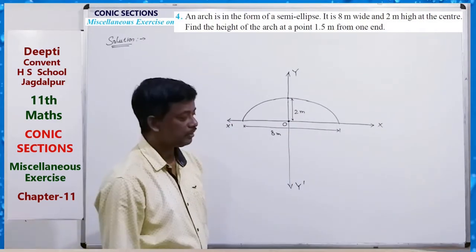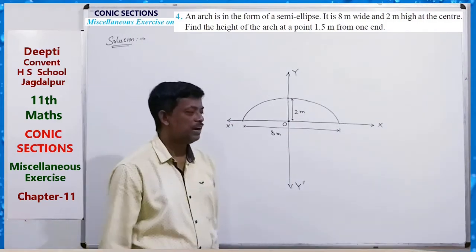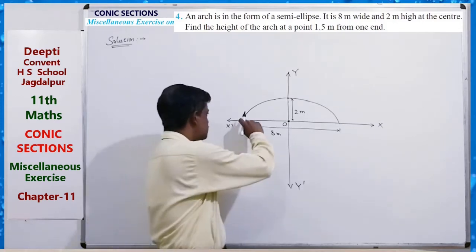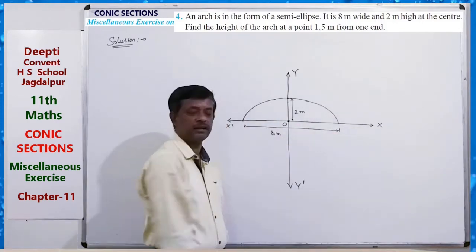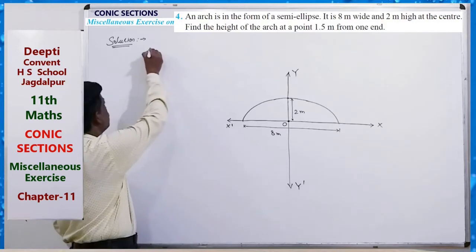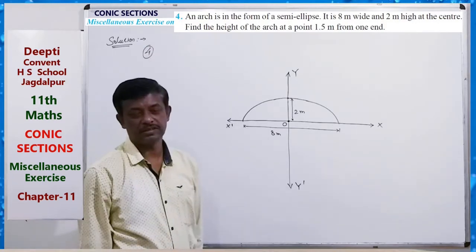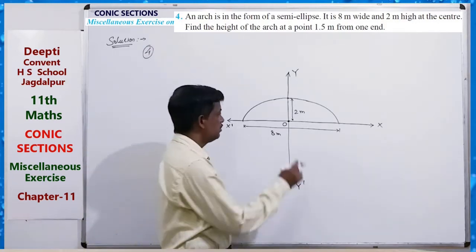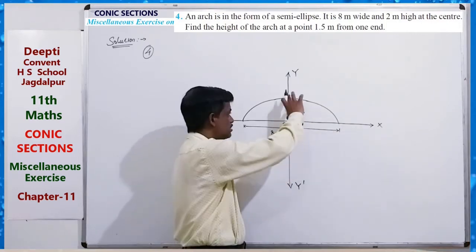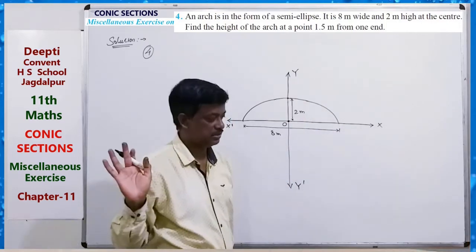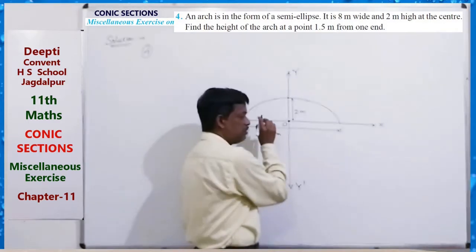Clear? Now find the height of the arc. This is the semi-elliptical arc, question 4. Just draw a diagram. This is the height, this is the width. Now 1.5 meter from one end.